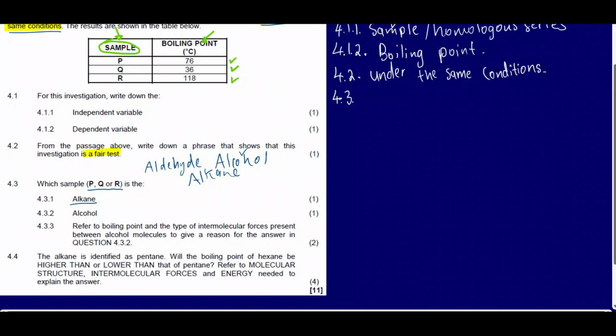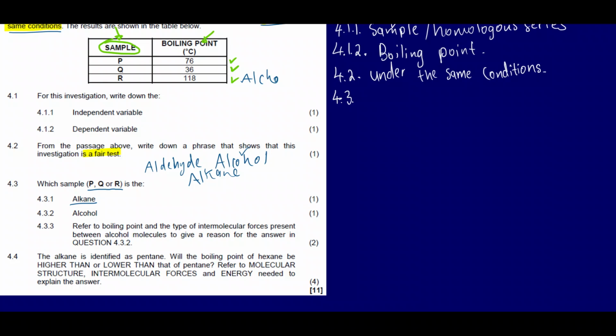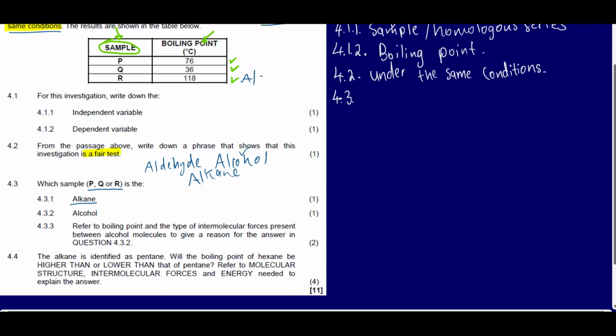The one with strong intermolecular forces is the alcohol. So our sample R should be the alcohol because of the highest boiling point. And then Q is going to be an alkane.